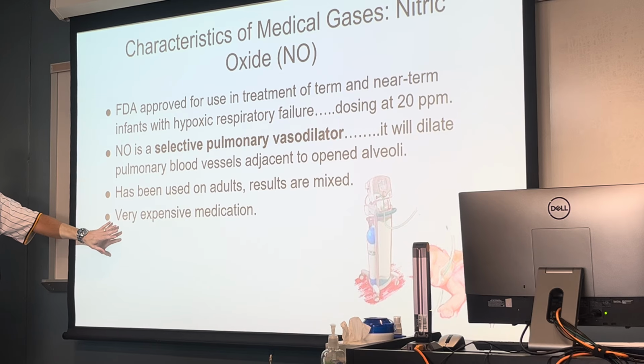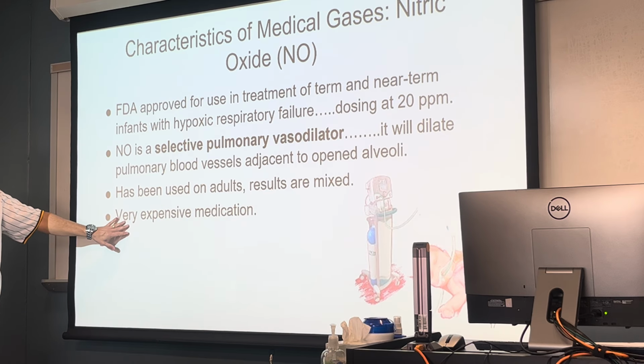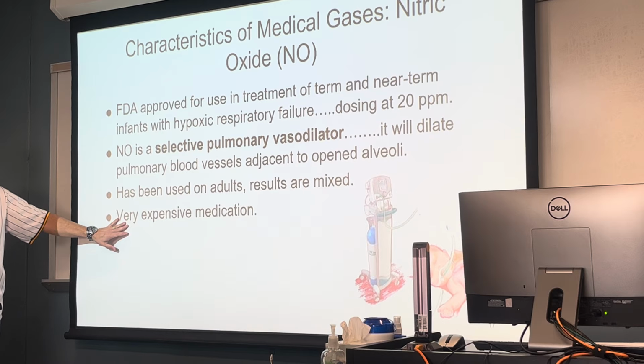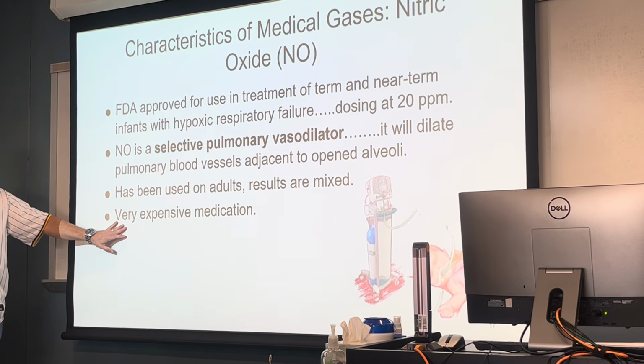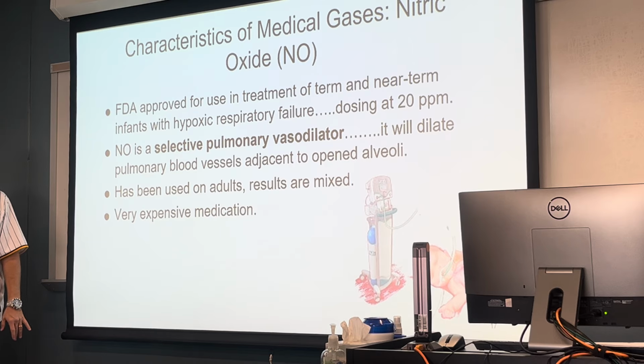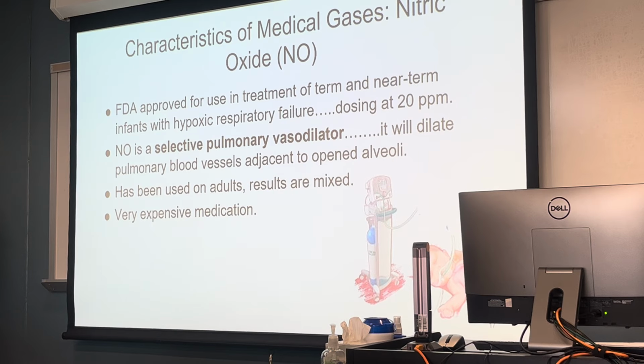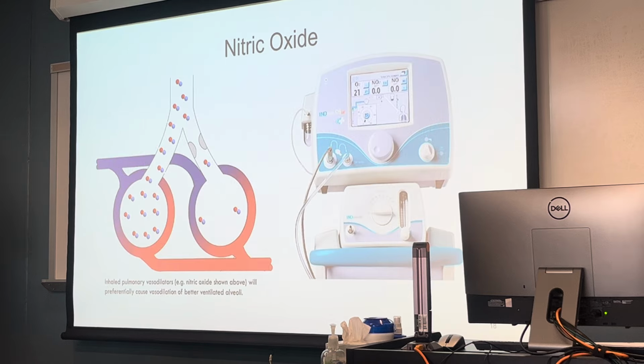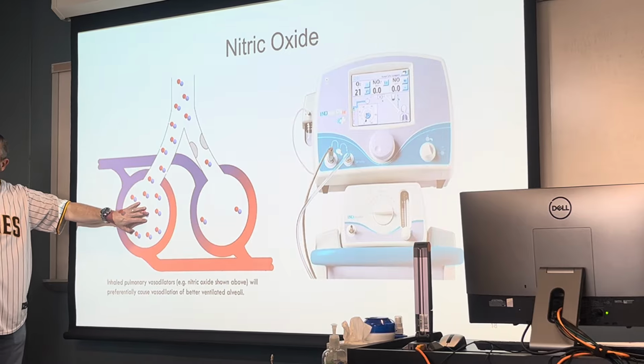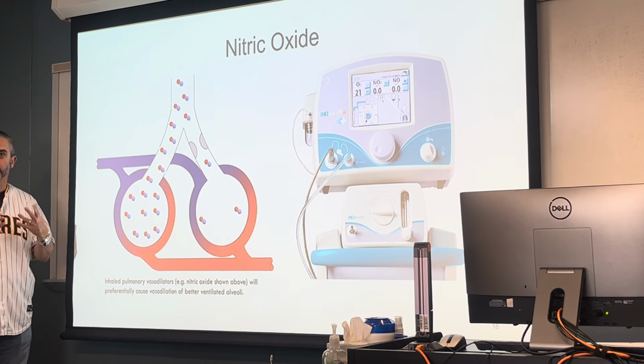Medication itself, very, very expensive. There's some alternative medications that are out there. We'll talk about those in due time that are a little less expensive. Sometimes you may see those used instead for this purpose as opposed to inhaled nitric oxide. But for this to work, because it's an inhaled gas, you have to have alveoli that are functional, alveoli that are open.